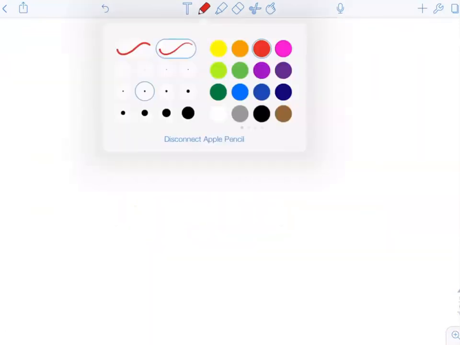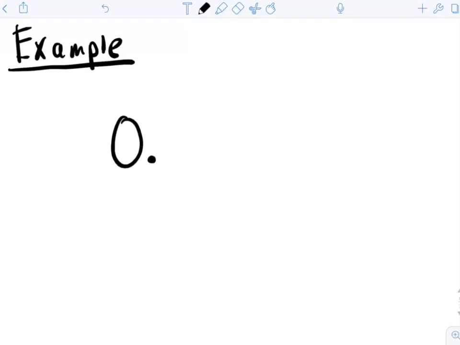Now, we're going to do an example. So instead of having just one category or 2 categories, we're combining all of our categories. So our example is 0.5040. So what we have to do is we have to go through and categorize each digit of this number into a category.